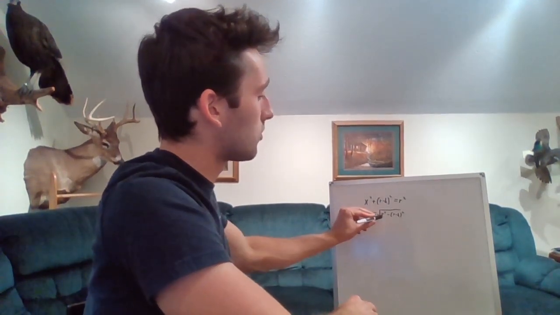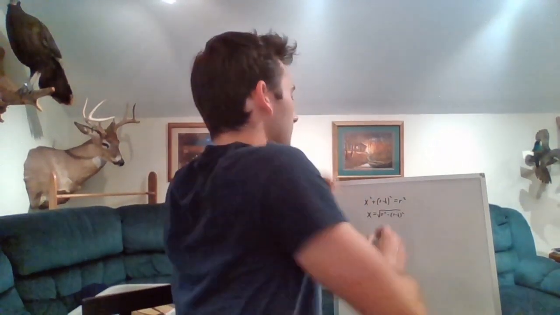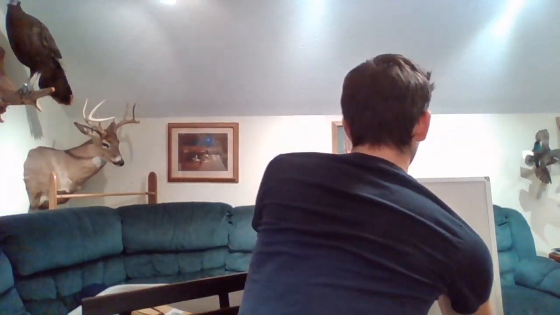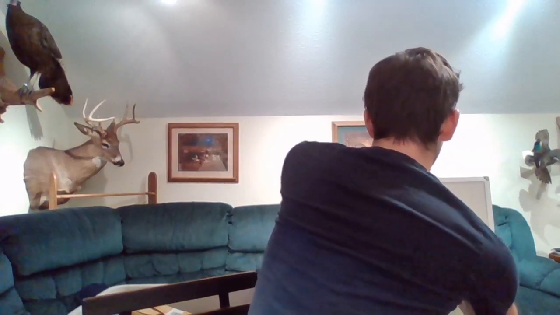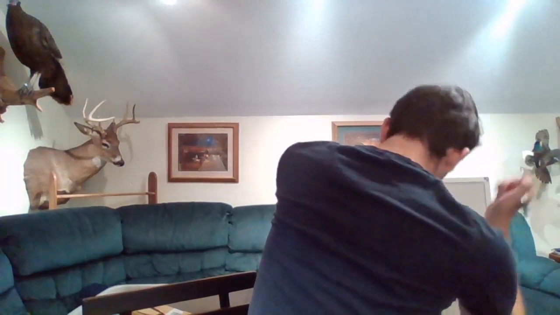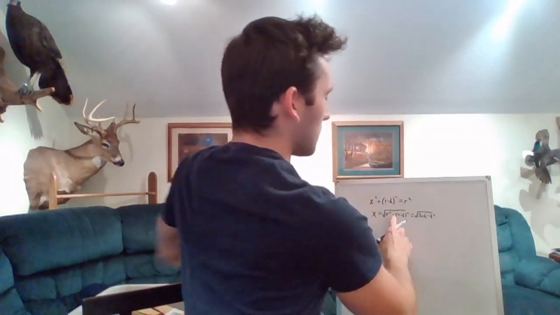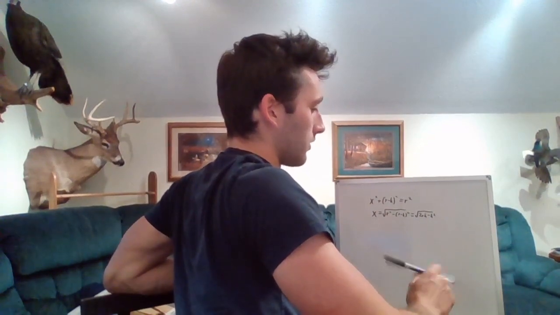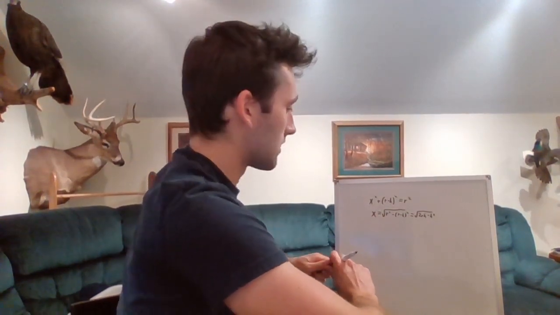So the r squared, since it's subtracted, will cancel out and we'll distribute the negative. So what we'll end up having is a radical sign, 2rh minus h squared, again because the negative sign would distribute throughout, turning everything the opposite sign. So now we have an expression for what x equals.